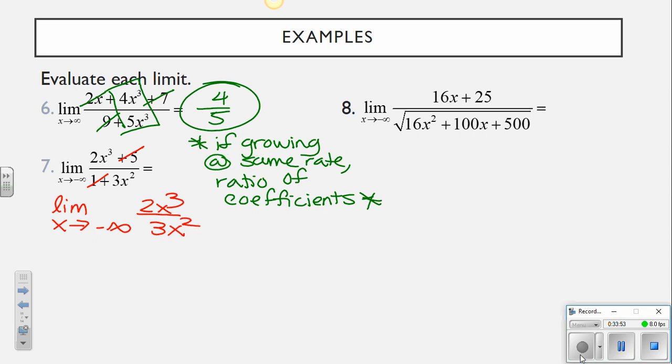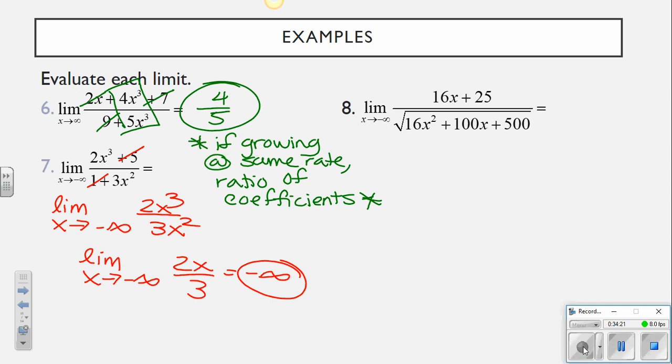If you simplify the exponents, this gives you the limit as x goes to negative infinity of 2x over 3. Is that right? So where is this going? Negative infinity. Do you guys see why it's going to negative infinity? Because it is going to a negative infinity. Double of negative infinity is negative infinity. Divided by 3 is still negative infinity.